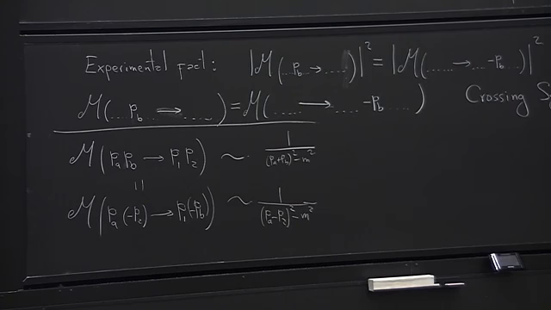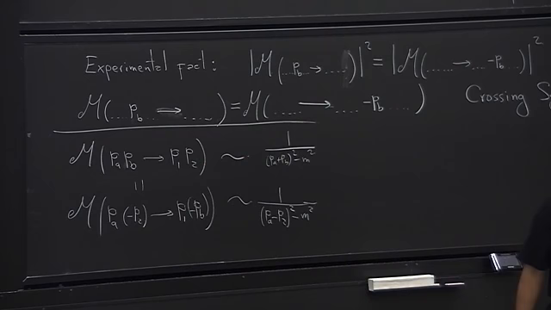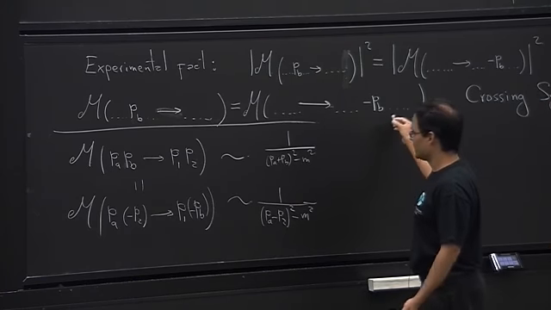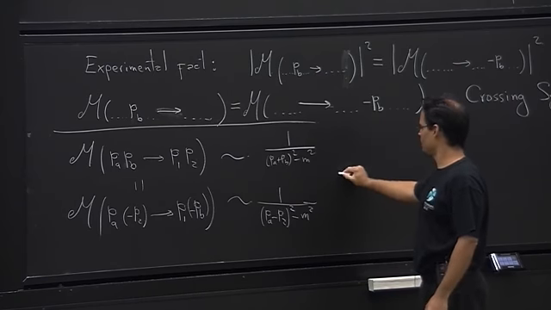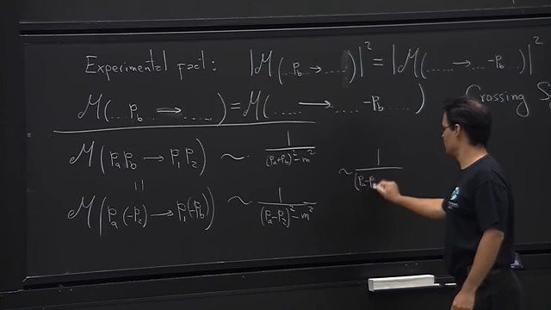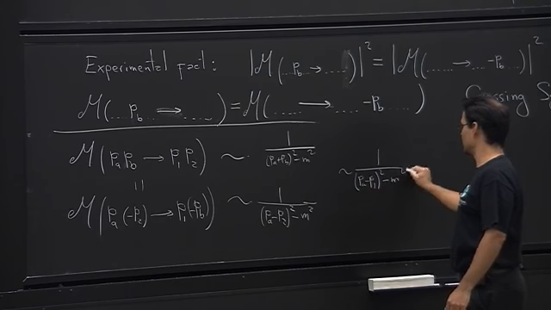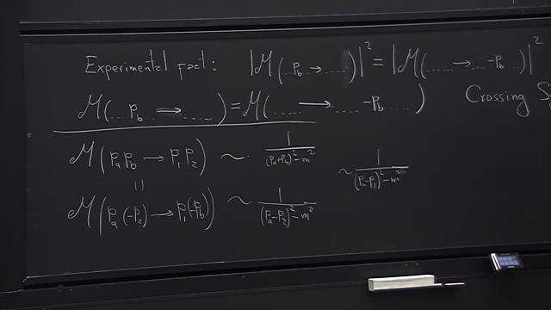Okay? What else can I conclude by playing my little game of crossing? Yeah, it should have another one, even another one. So what's the other one? 1 over PA minus P1 squared minus M squared. So let me just a second.